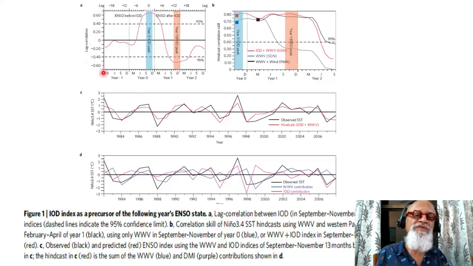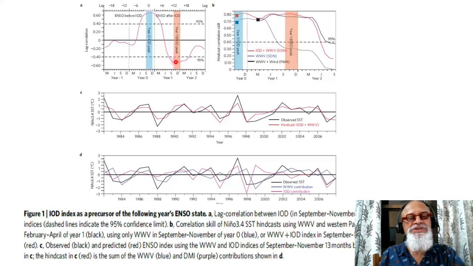Lag correlations going from minus 0.7 or so to plus 0.7, and the lags go in years from minus 18 months, so year minus 1, El Nino is peaking here, you're in the previous year, and the following year, but all the way into year 2, year 0 is here. So ENSO before IOD, you are seeing the correlations are low, then the correlation jumps, ENSO after IOD, so this is the year of IOD peak, not necessarily El Nino peak. So this is year 1 ENSO peak.